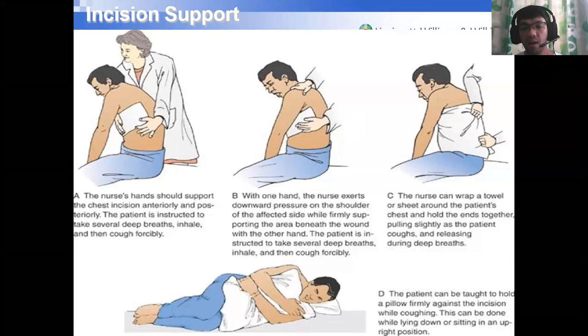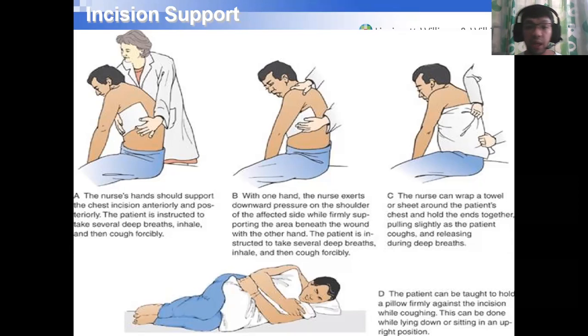With the other hand, the patient is instructed to take several deep breaths, inhale, and then cough forcibly. After that, the nurse can wrap a towel or sheet around the patient's chest and hold the ends together, pulling slightly as the patient coughs and releases during deep breaths.